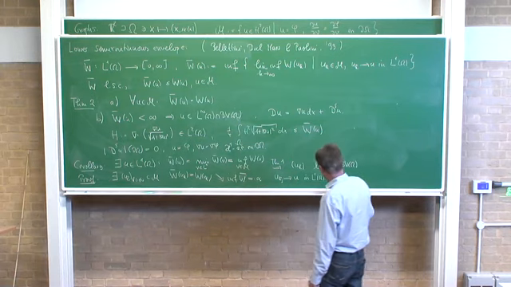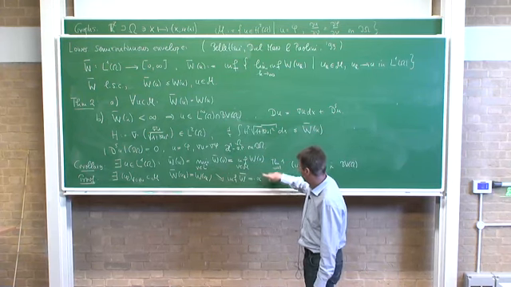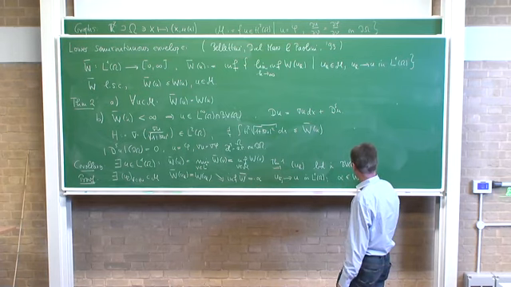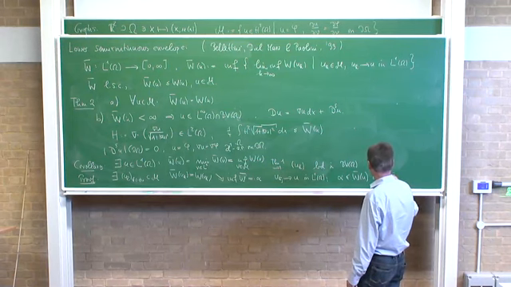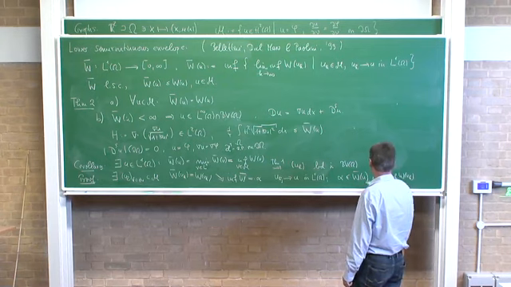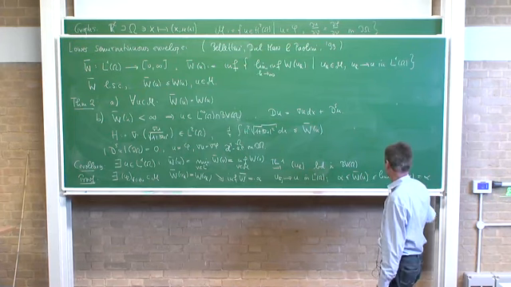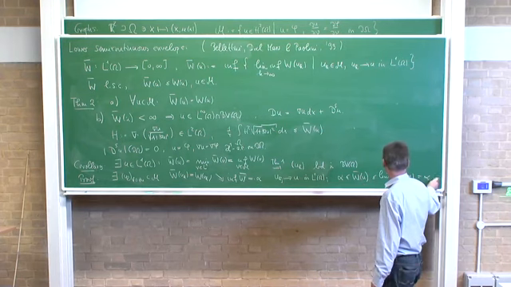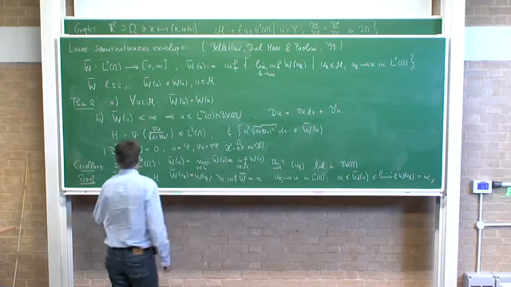Then, since alpha is the infimum of W bar, alpha is less than or equal to W bar of u, and this is less or equal to the lim inf of W of u_k by the definition of W bar, and this is equal to alpha. So W bar of u is equal to alpha. u minimizes W bar. That's quite immediate.